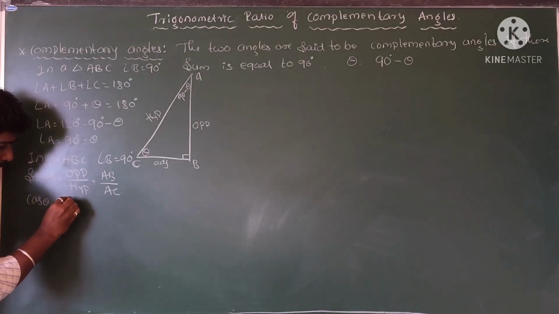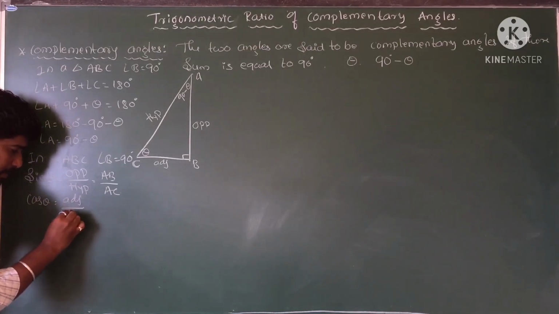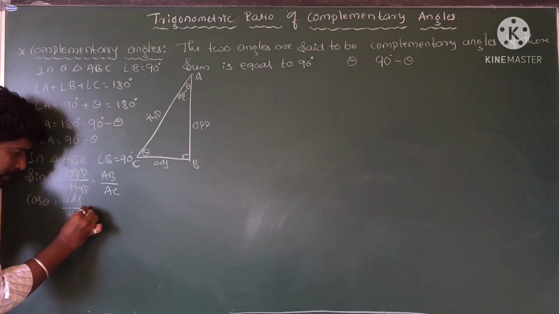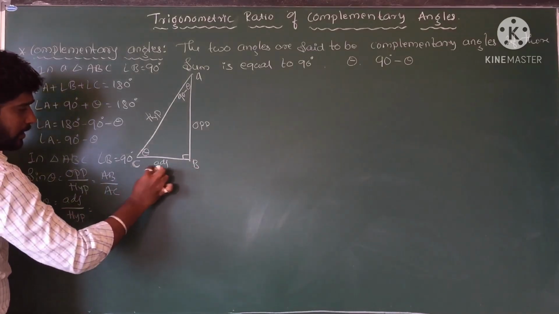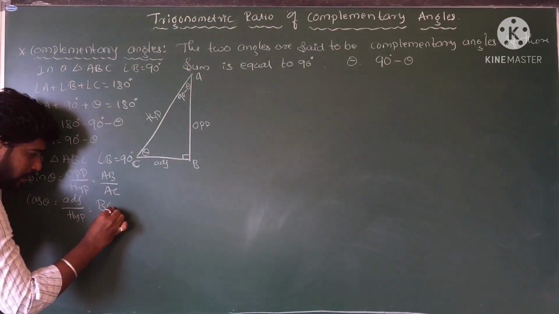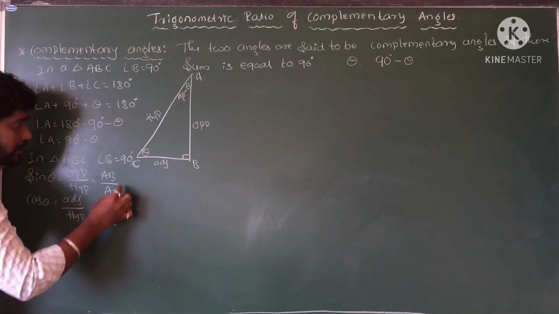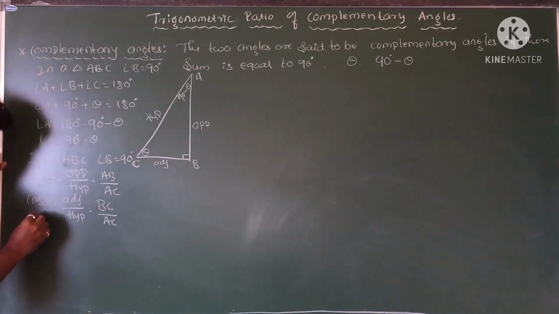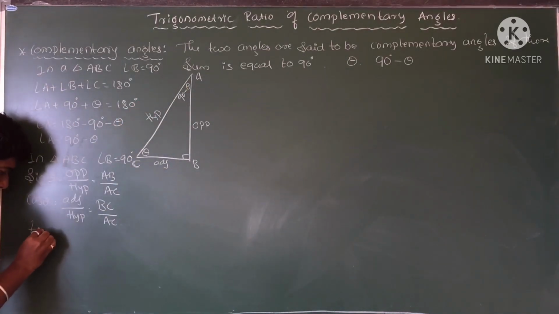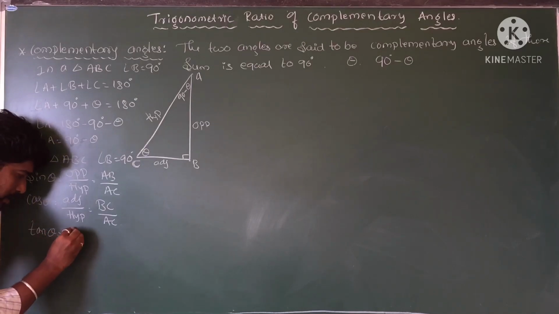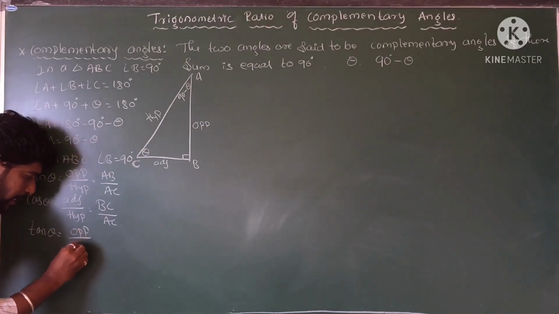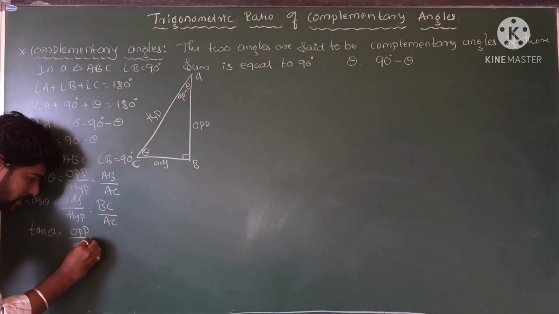Now cos theta. Cos theta is adjacent divided by hypotenuse. What is the adjacent here? BC. BC divided by AC. Next, tan theta. Tan theta is opposite by adjacent.